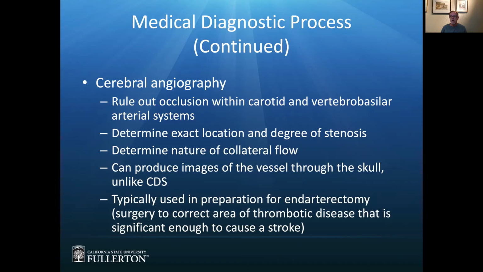Typically, they wouldn't do an endarterectomy if the person had a completed stroke, except they can do it on the side that they didn't have a stroke on. But once they've had an ischemic stroke, it's really too late, so they don't generally do an endarterectomy on the side of the brain that has had a completed stroke.